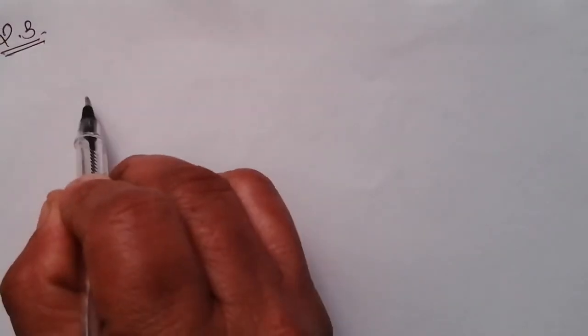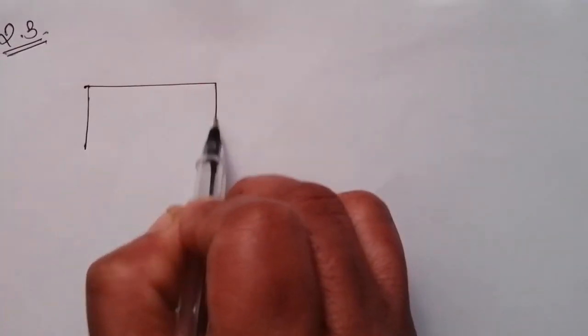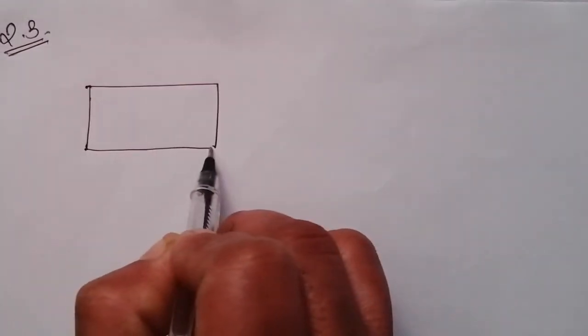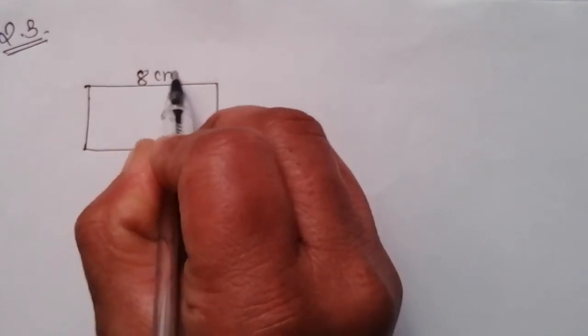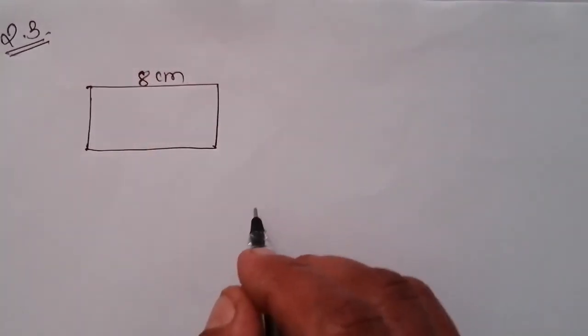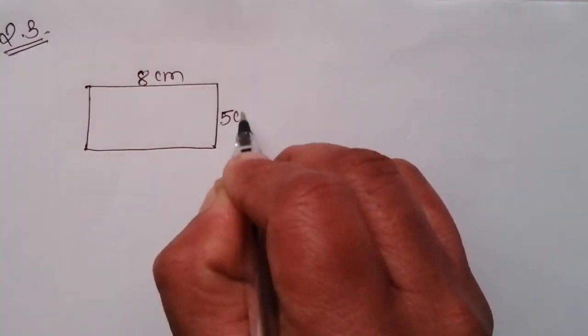In question number 3, a picture is painted on a cardboard. This is the cardboard on which the picture is painted. Now the length of the cardboard is 8 centimeter and the width of the cardboard is 5 centimeter.